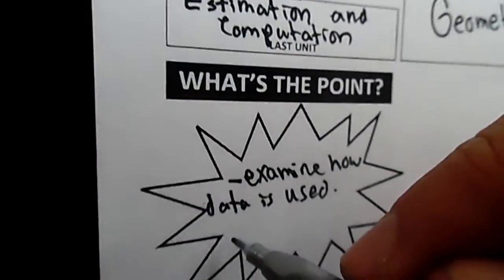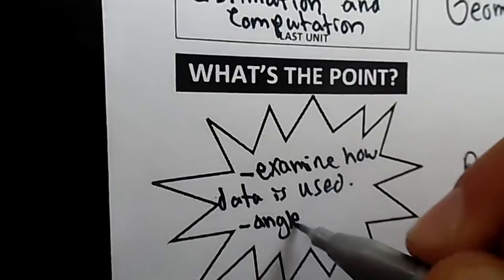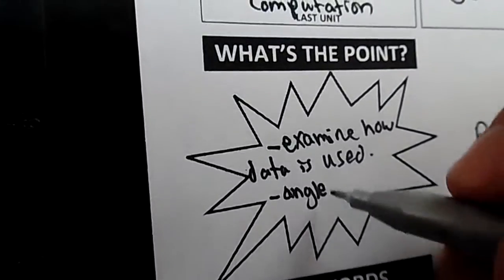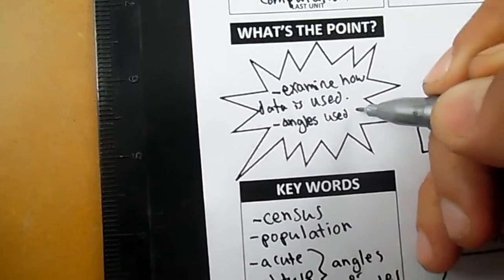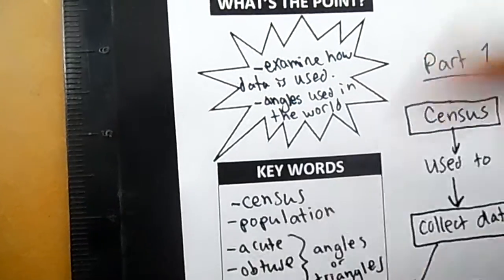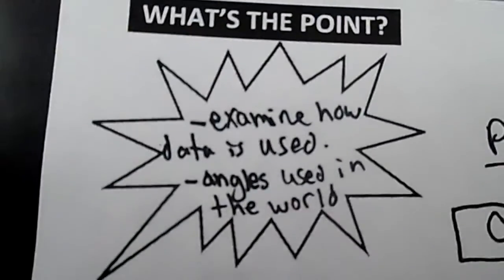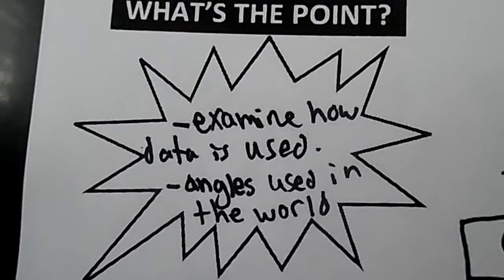And the other one is to look at angles used in the world. Good. So what's the point? To examine how data is used and look at how angles are used in the world.